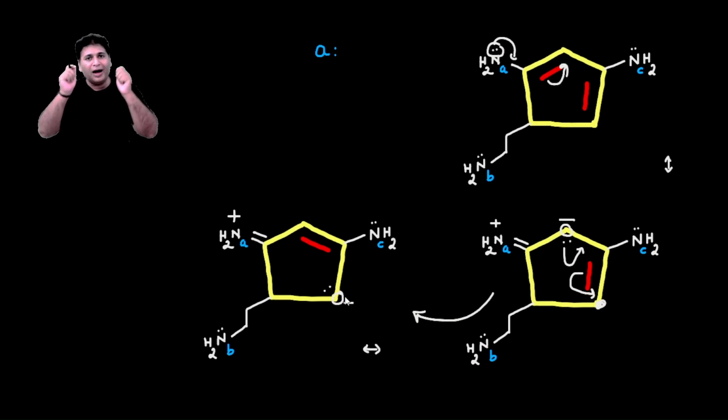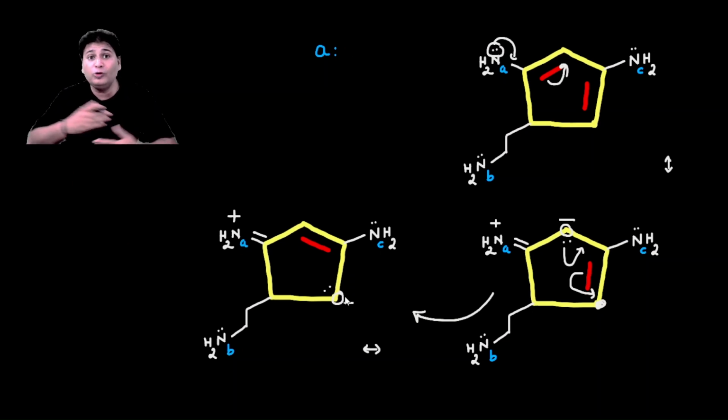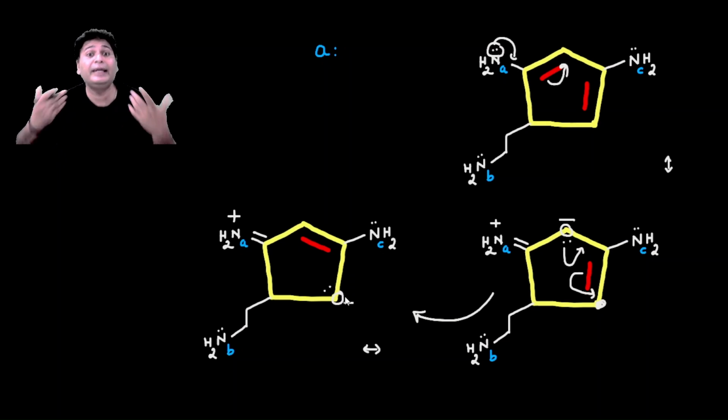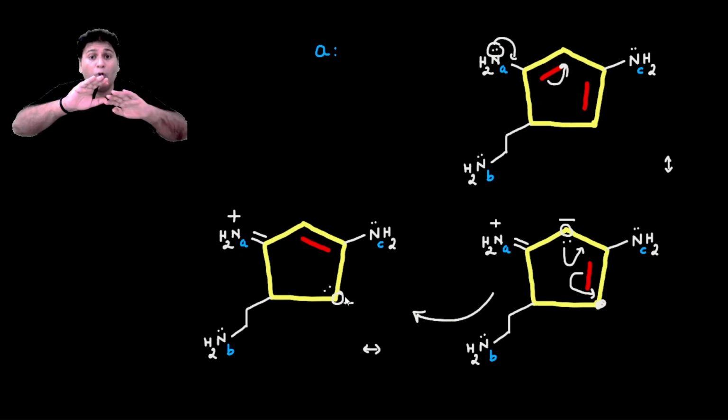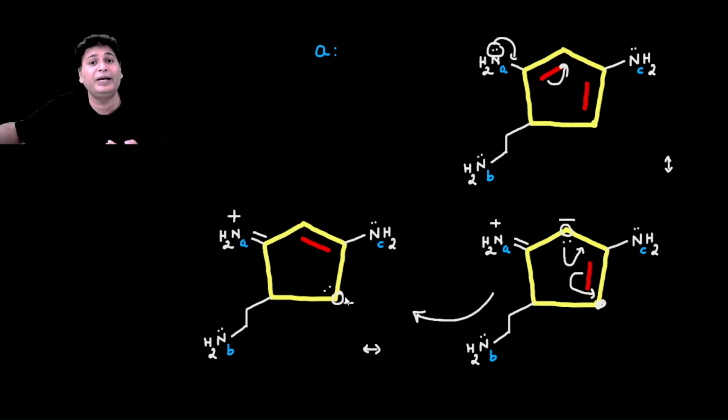So if you are asking for the basicity of the nitrogen in A, you went there and asked for the electrons, you may not be getting the electrons because of the delocalization. And as you understand, the more the delocalization, the more the number of resonating structures you can form, the more it will remain dispersed, and the lesser will be the availability.